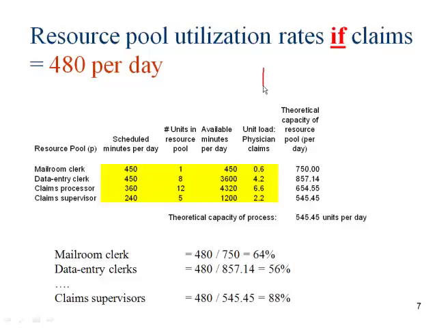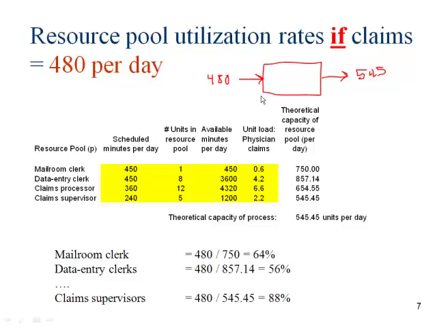If we look at this with the classic process model, we might argue that the process is currently capable of supporting a flow rate, R, of 545 per day. But in reality, if we're only bringing in 480 per day, what is the achieved flow rate for the process going to be?